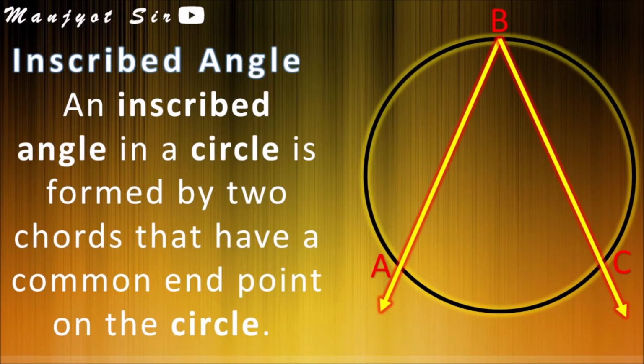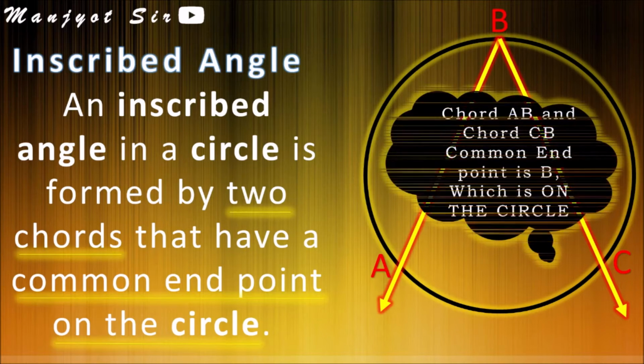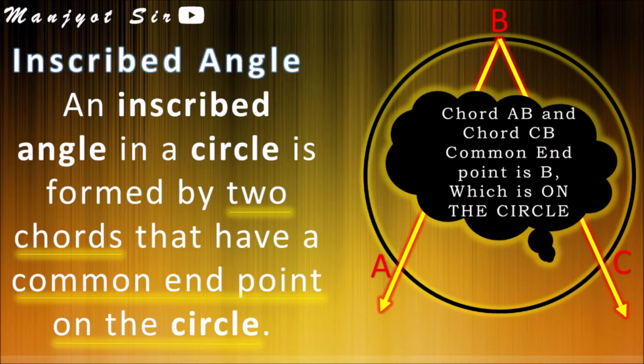Observe here, AB and BC are the two arms of this angle, and their common vertex B lies on the circle. That means these two arms are nothing but two chords of the circle. AB is one chord, CB is the other chord, and the common point is B, which is on the circle. So whenever the arms of an angle are chords and their common endpoint lies on the circle, such an angle is called an inscribed angle.